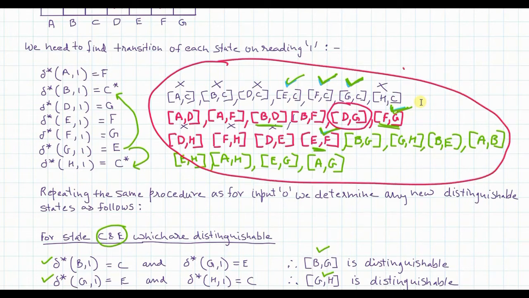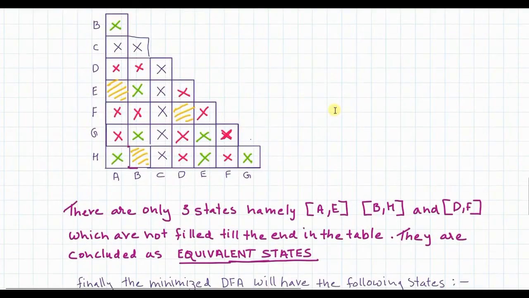This is actually rough work, but I write this so that if I forget to mark some cell, I can just refer here and see that by mistake some cell is left to be marked. So that's why this rough work has to be done.